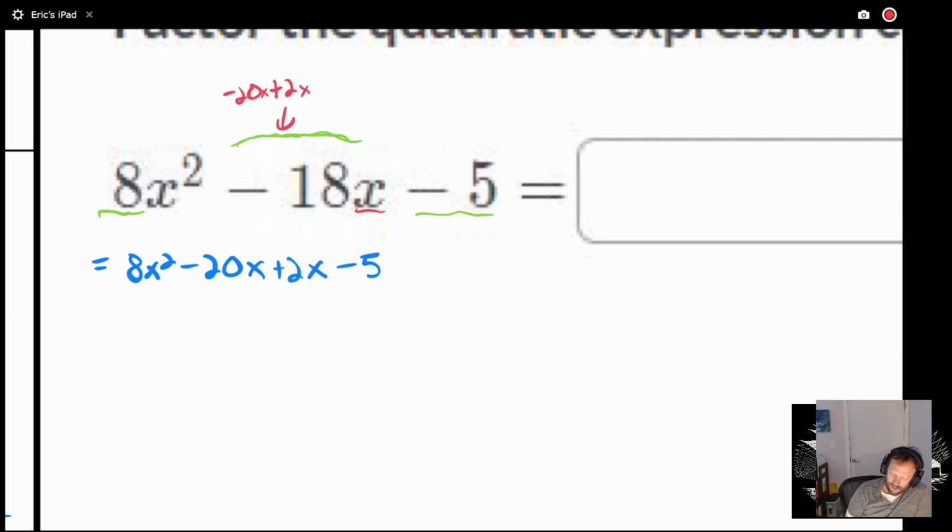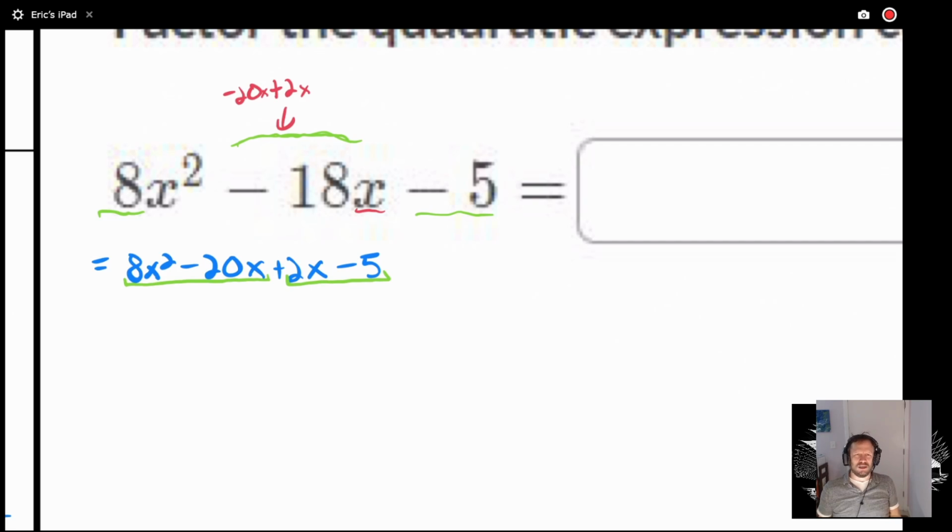And what I do now is I look at the first pair of terms and the second pair of terms, and I factor out the greatest common factor from each.